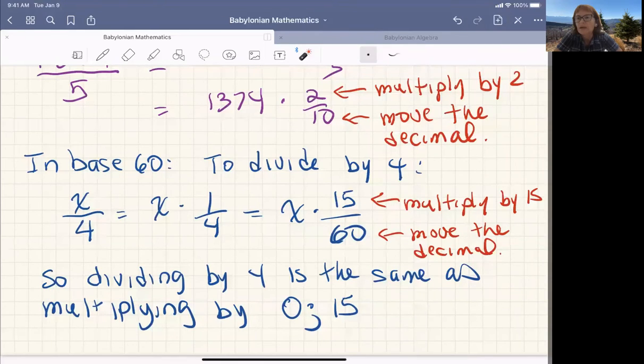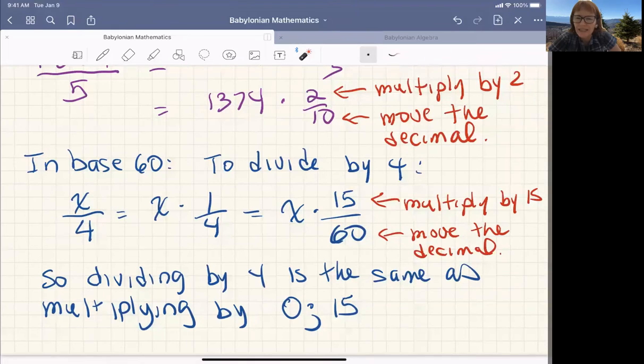Okay, so that's it for the numbers. And what I'd like to do is at least start on Babylonian algebra. So now we're going to look at what kind of problems we saw on the problem text.